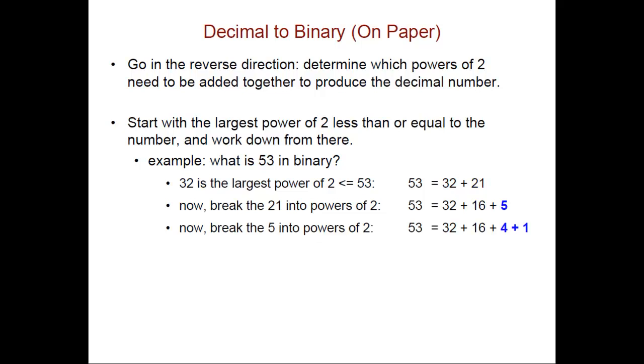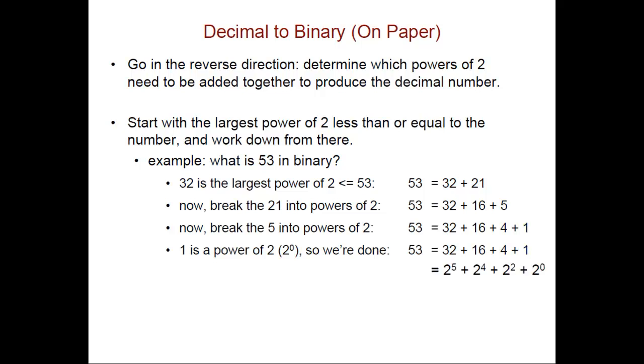We then want to break up the 5 into 4 plus 1. 4 is the largest power of 2 less than or equal to 5. And then finally, the 1 is itself a power of 2, so we're done. And so we end up needing 2 to the 5th plus 2 to the 4th plus 2 squared plus 2 to the 0. And so we're going to put a 1 for all of those bits.